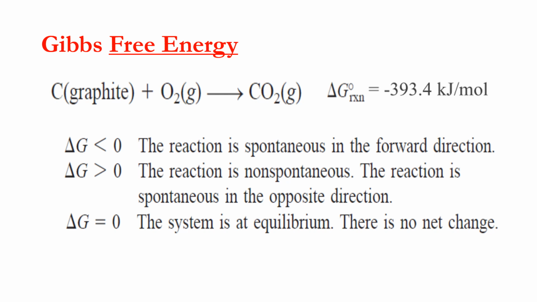If it's greater than 0 or any positive value for free energy, then the reaction is non-spontaneous, but is spontaneous in the opposite direction. So if we are to classify this, since this is negative, less than 0, then this reaction is spontaneous in the forward direction.